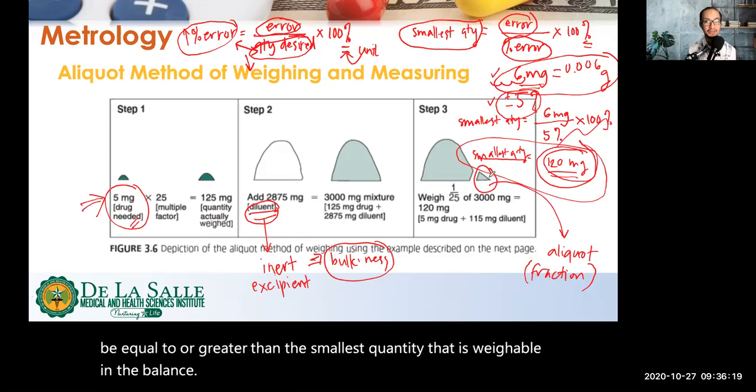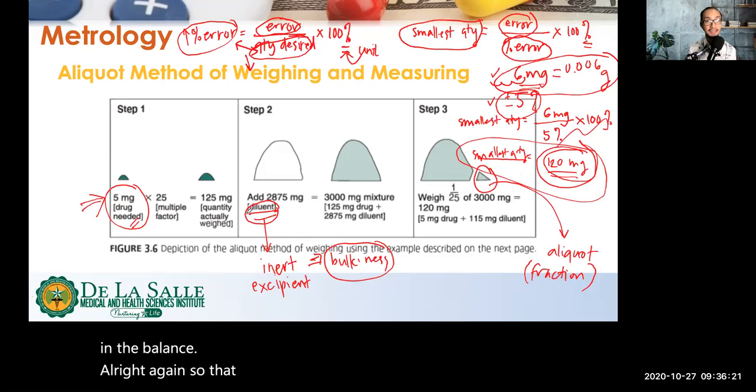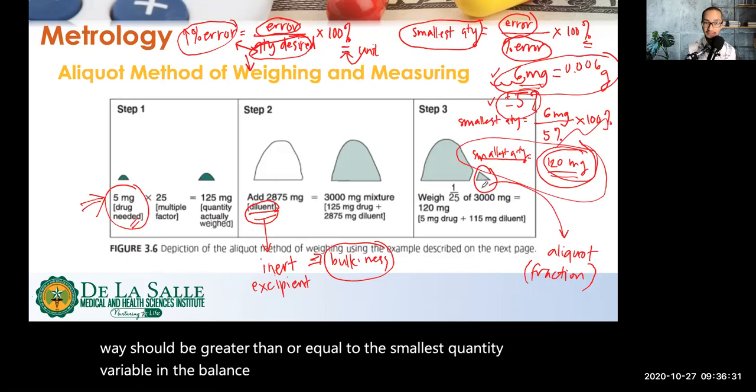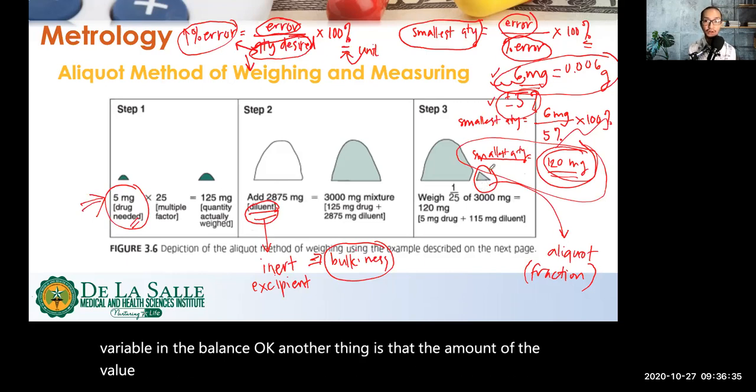Another thing is that the amount of the diluent that you will add should also exceed the smallest quantity weighable in the balance.